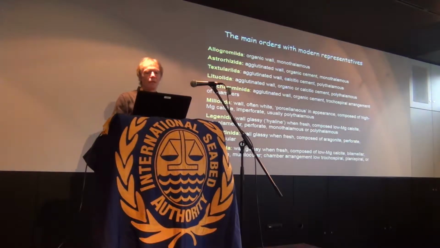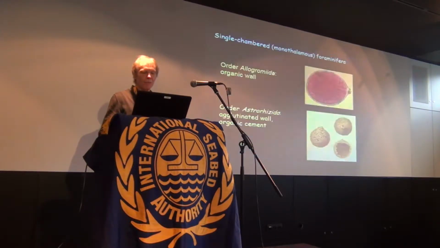Now, these are the main orders with modern representatives based on the work of Loeblich and Tappan, and I just want to run quickly through them. Starting with the 2 single-chambered orders, the Allogromiida, which have an organic test wall, and the Astrorhizida, which have an agglutinated wall composed of particles picked up off the seafloor and stuck together with organic cement.